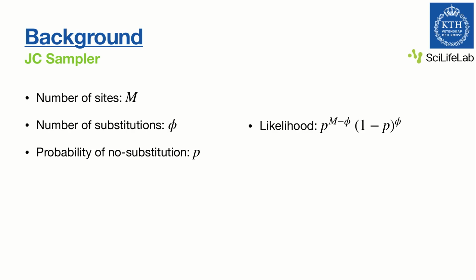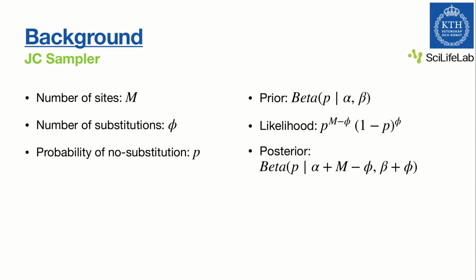If we have M sites and two sequences, and the number of expected substitutions between these sequences is phi, and let's say P is the probability of no substitution, then the likelihood between these sequences is shown on the right. We can introduce a beta distribution as prior to P, which gives us a posterior distribution that is a beta distribution due to the conjugacy.